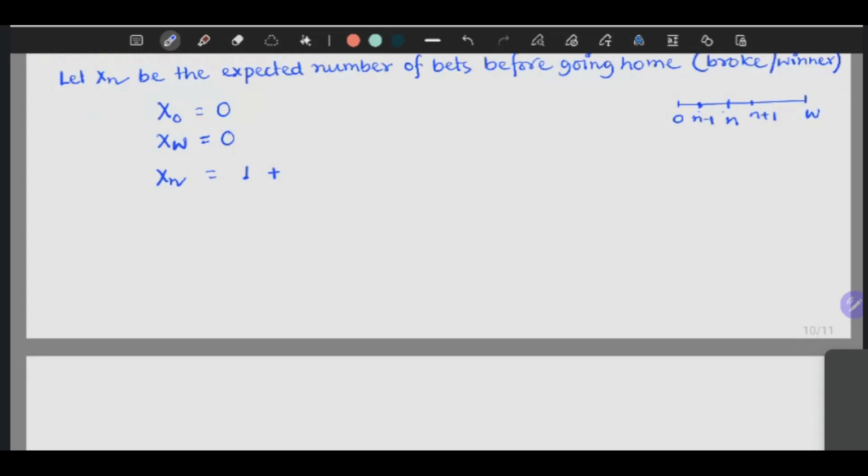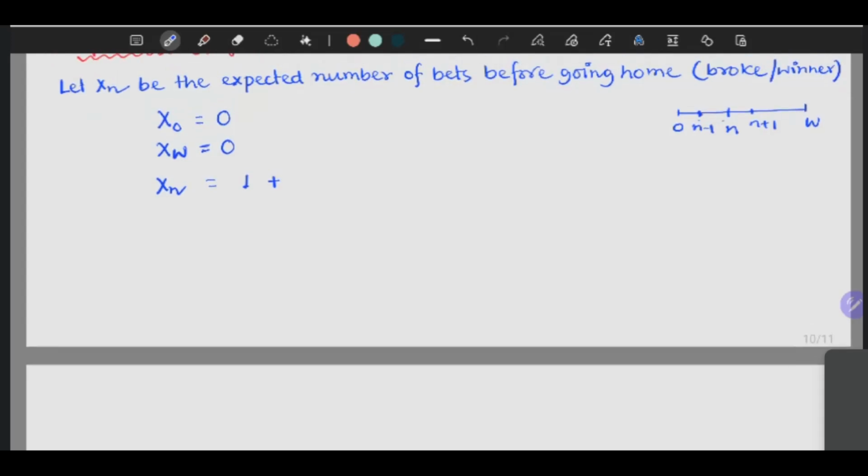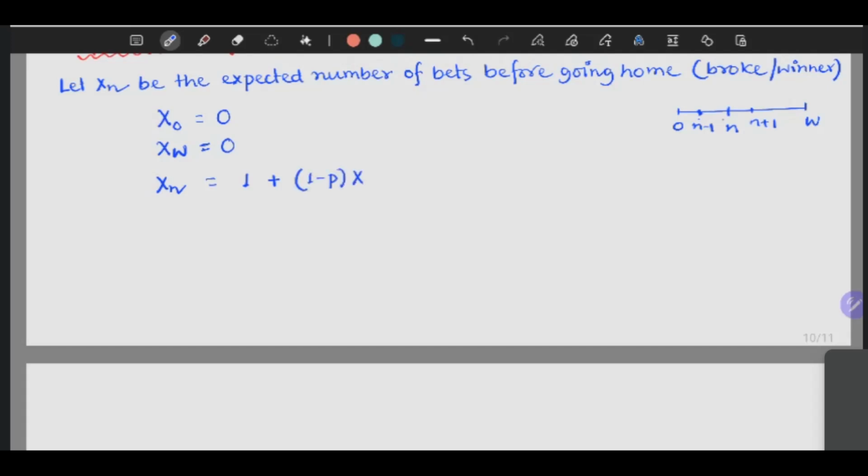So one thing is 1 minus p times xn minus 1 plus p times xn plus 1.